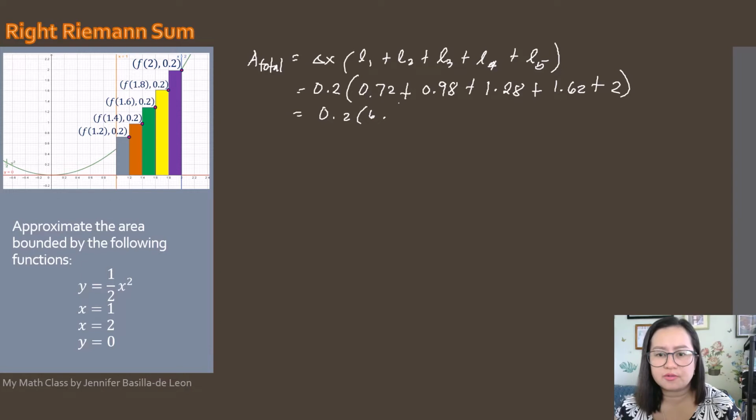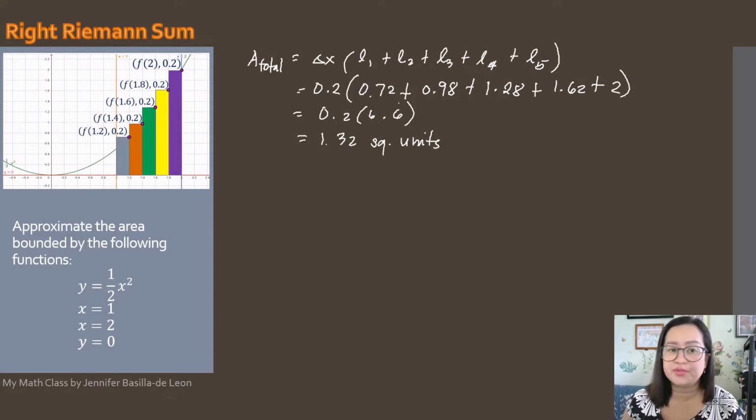Adding this, we shall have 6.6. Multiplying by 2/10, we shall have 1.32. Hence, the approximated area of the region is 1.32 square units. That is using the right Riemann sum.